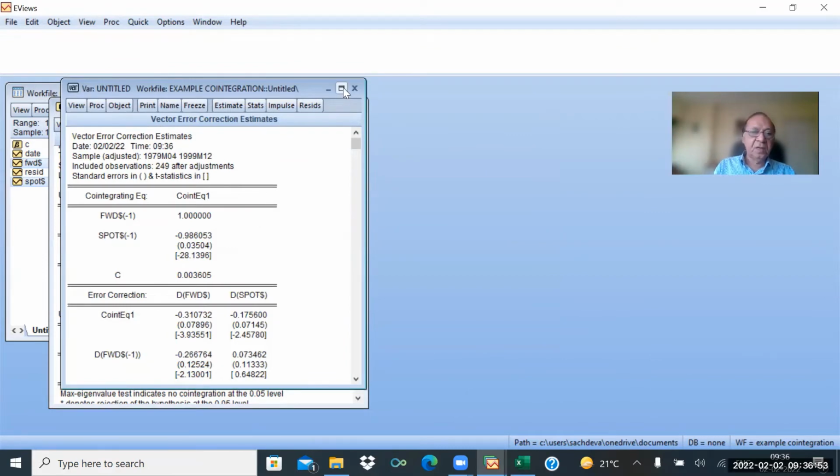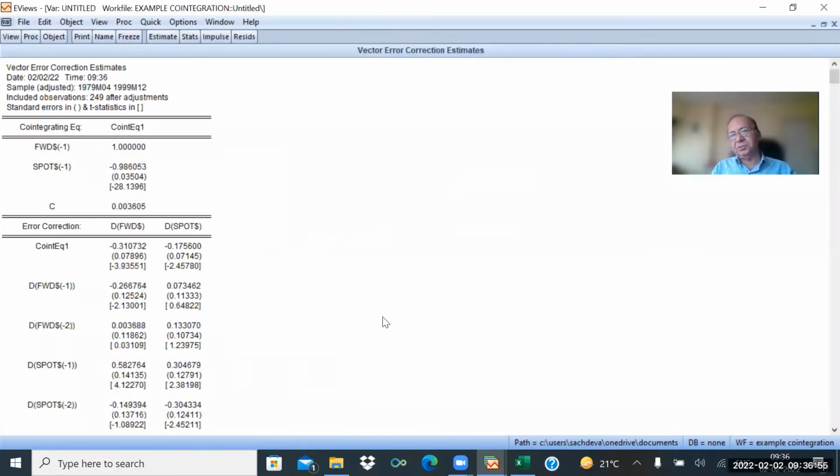Now see the cointegration equation. One important thing you have to note down is that the coefficient of the cointegration equation is minus 0.3107. It is a very good sign. It should be negative if there is a cointegration, but it should be statistically significant.